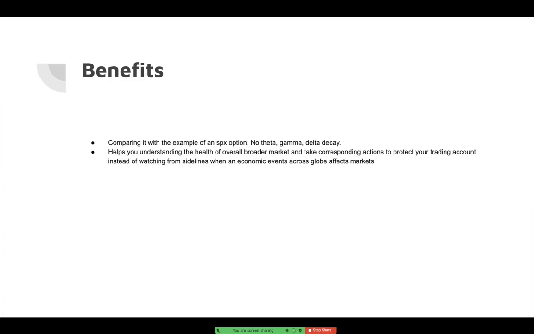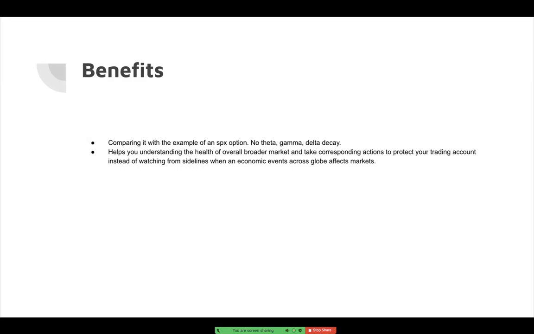Since ES corresponds to the S&P 500 index, it can easily tell you whether we are going to pull back or gap up or gap down. So it gives you an idea of how the market is going to react, and having this trading instrument in your account will help you take proactive action when the market is falling or gapping up.